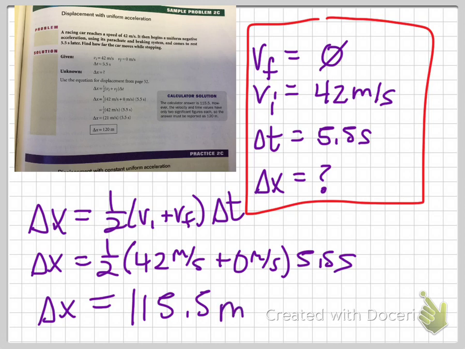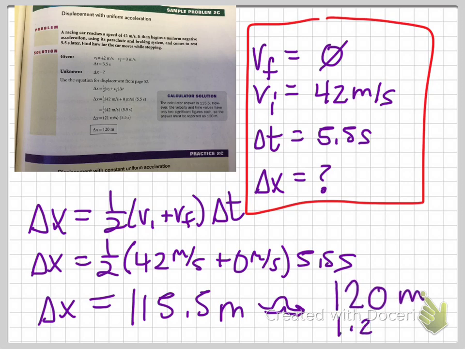Let's try meters. How many sig figs do we have? 2. So what's our sig fig answer? 120 meters or 1.2 times 10 to the second meters. Either one is acceptable. We don't have to use scientific notation.